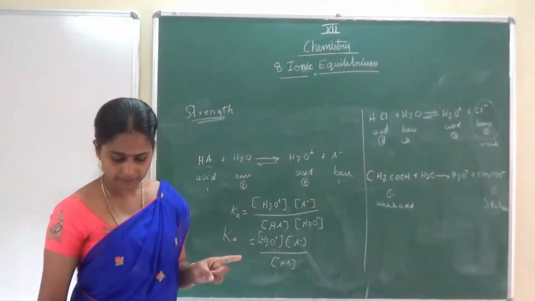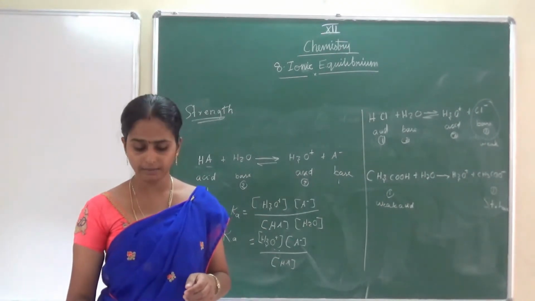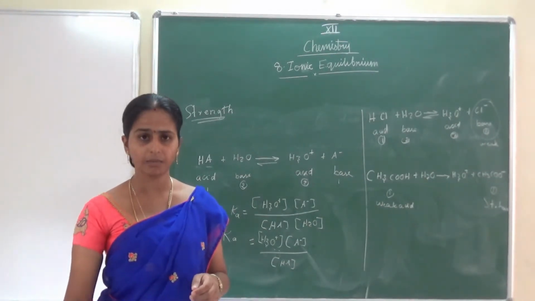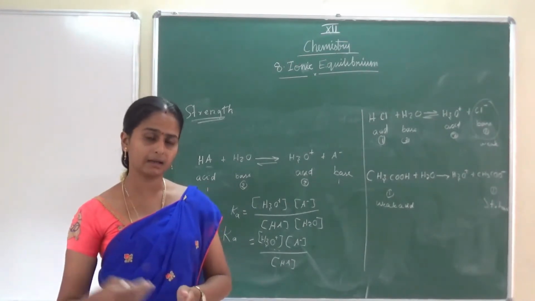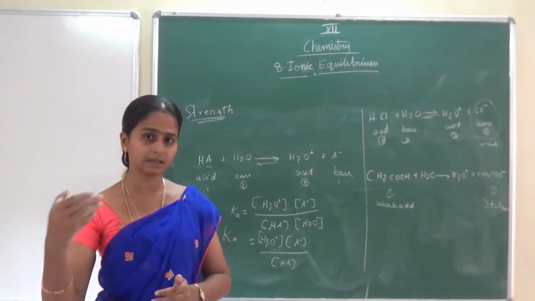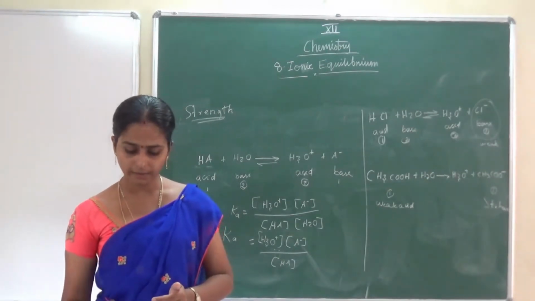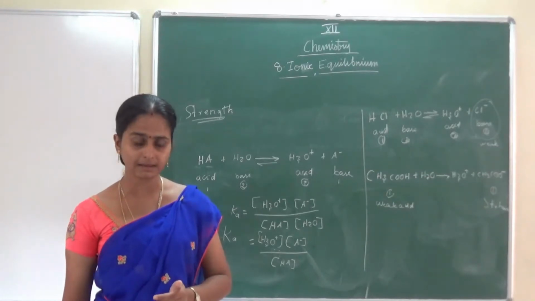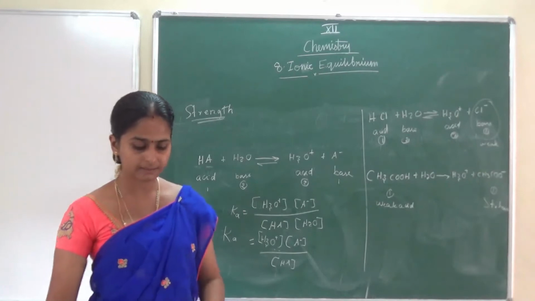Here on page number 7 they have listed some strong acids and weak acids, strong bases, and conjugate strong and weak bases. Very simply they have given, you can just go through that.